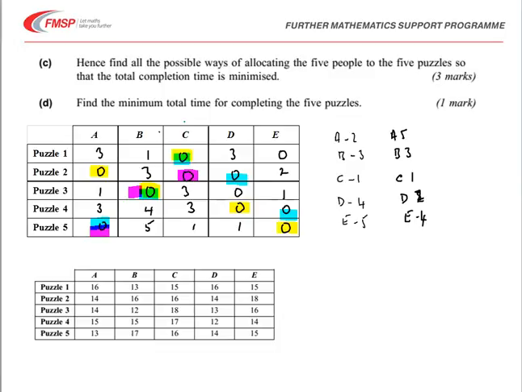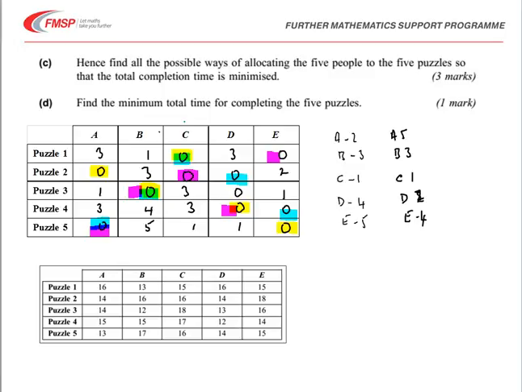It's the only one available to 3, but that leaves us with the options, and we can see that we would have D doing 4 and E doing 1. So there's a third possibility: A5, B3 as with all of them, C2, D4 and E1. And that gives you the 3 different versions.